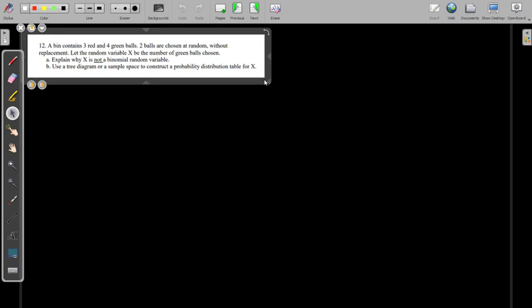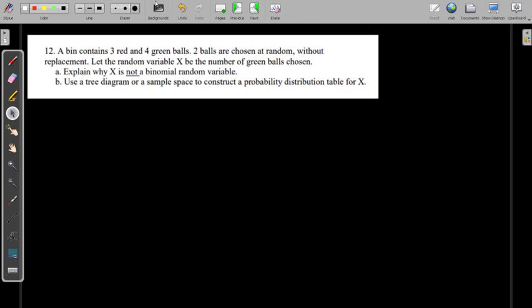Let's make this a little bit bigger. A container contains 3 red balls and 4 green. So we're going to say green, green, green, and green.